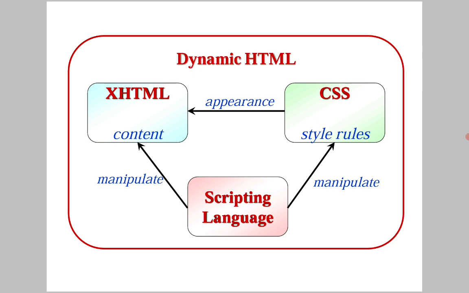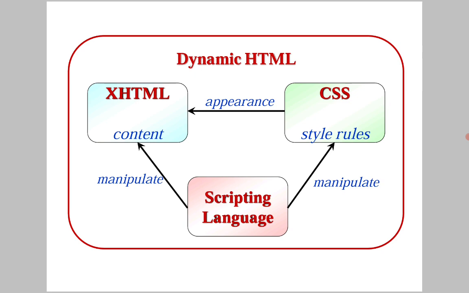Yesterday we discussed the components or parts of DHTML. There are 5 components used in DHTML. First one is CSS or style sheets. So what is DHTML?